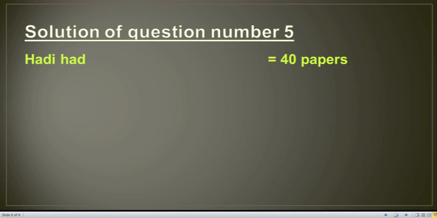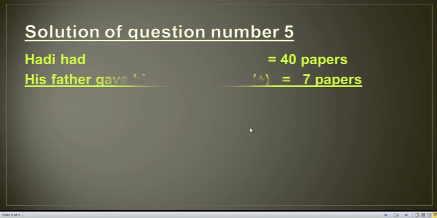And what will we write in the next line? We can write that his father gave him 7 papers, and because it is a math of summation, a math of addition, you should write a plus sign here.